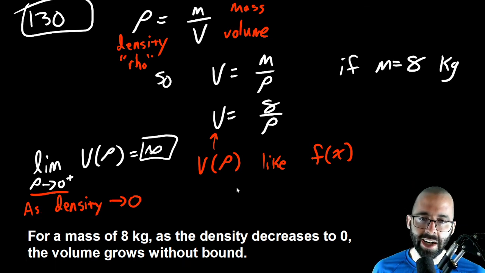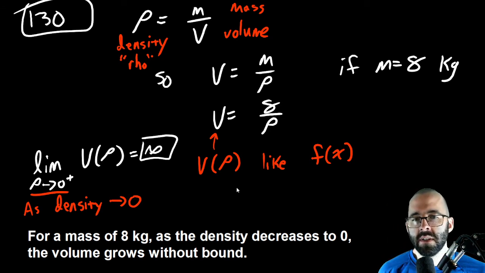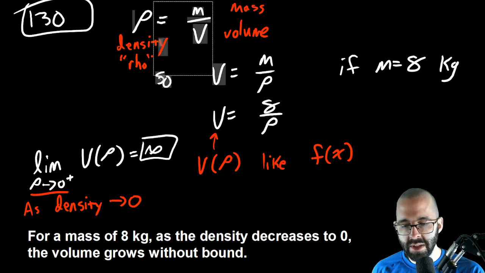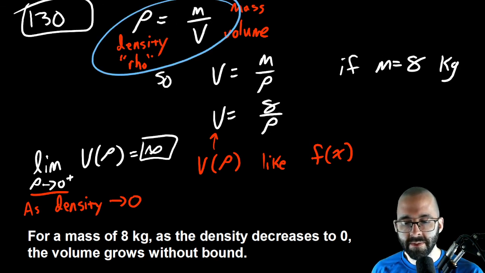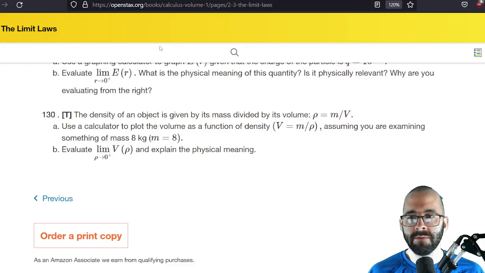This is a good answer, but I'm not too picky about this. This is what it's wanting you to say, because this is the relationship between density, mass, and volume up here. So if the mass is 8 kilograms and the density is getting really close to 0, the volume has to be going off to infinity.